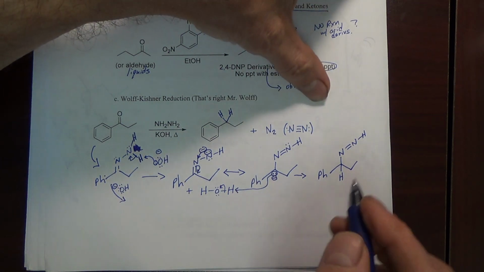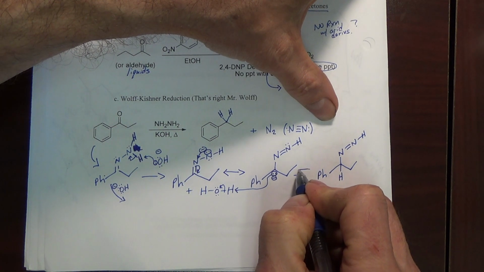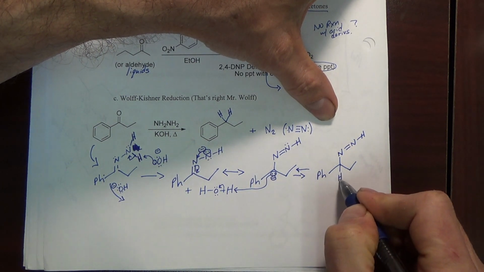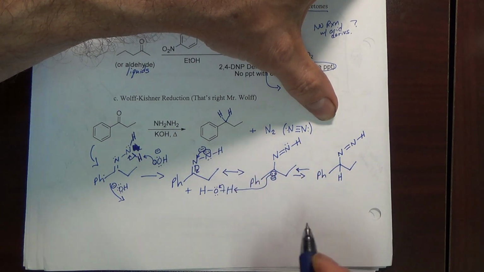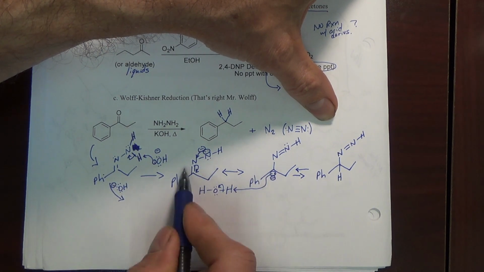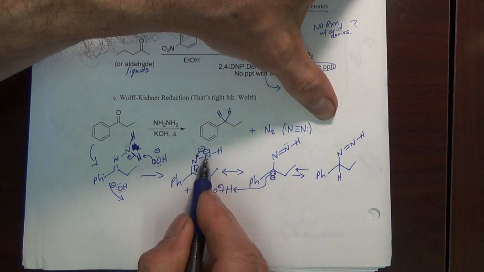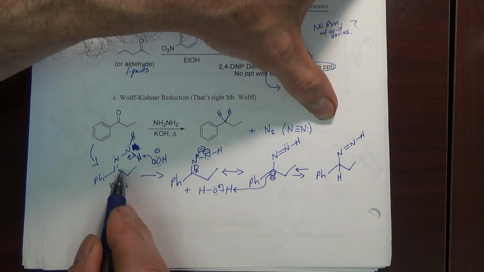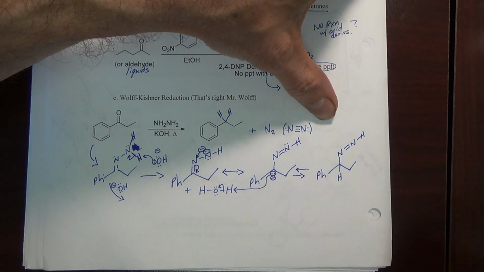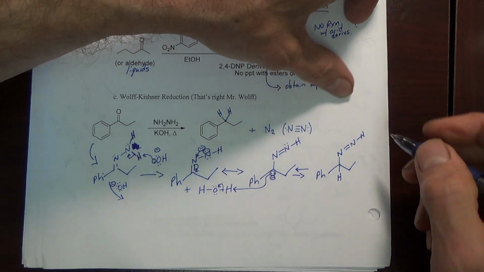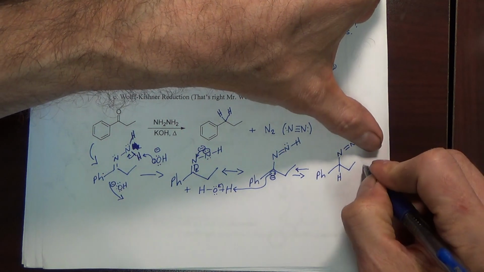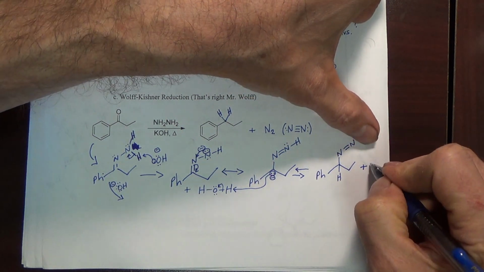Now each step here is probably reversible. I mean, if we had this, could we deprotonate this? Get back here? Yes, back to a resonance stabilized anion. And this nitrogen could take an H from water, we could get back here, reversible. But if we keep going forward, we made hydroxide again right here.